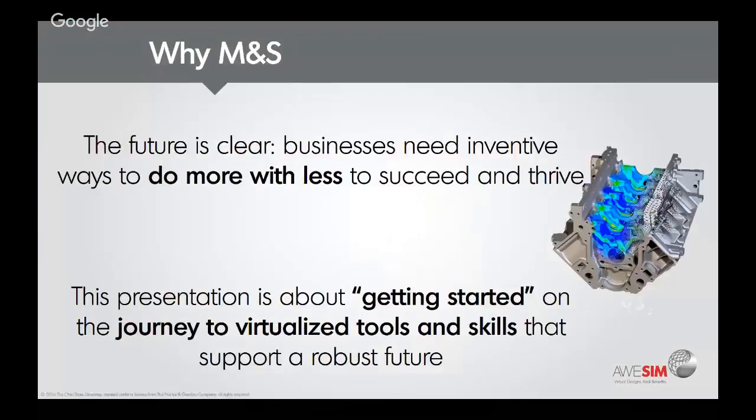The bottom line is that, hey, businesses need to do more with less, and what I'm doing here is all about getting started with that. I'm not trying to say let's jump in and boil the ocean, but let's get started. How do you not bite off too much and get yourself exposed to it?